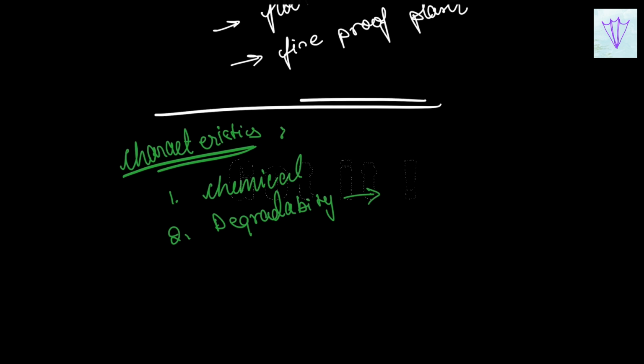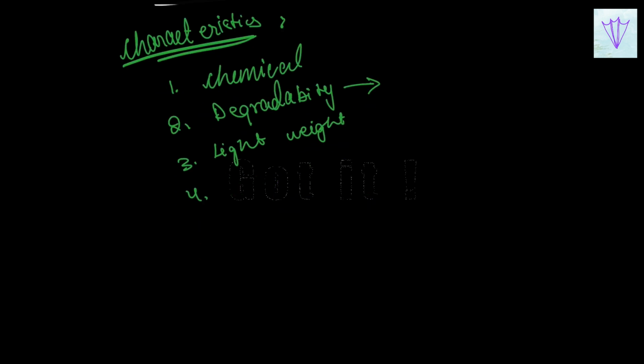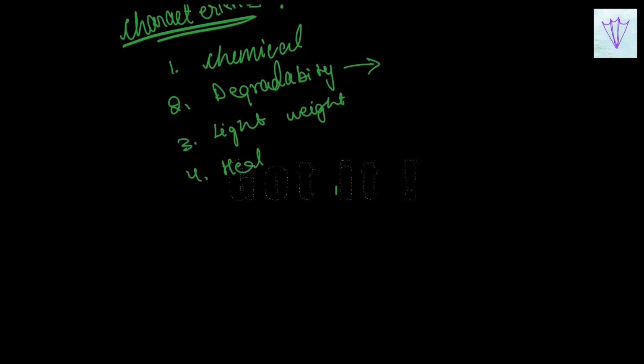They are non-biodegradable, but some can be recycled. Next is their lightweight. Plastics are light in weight. Fourth point is their heat and electricity resistance. That is, plastic works as an insulator for both heat and electricity.